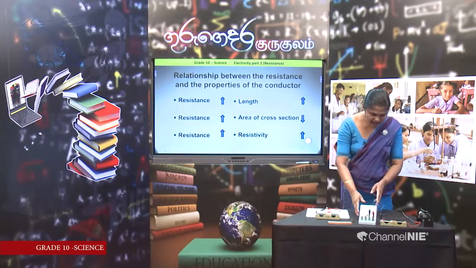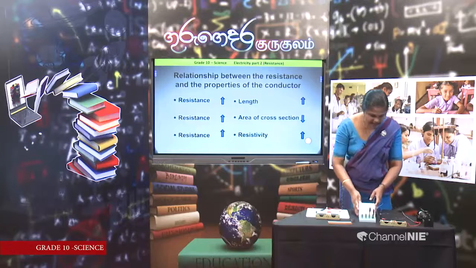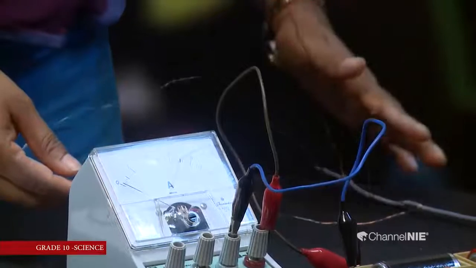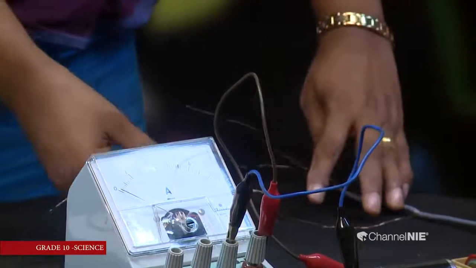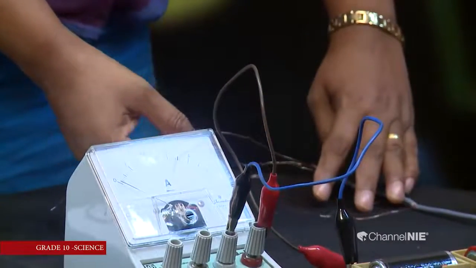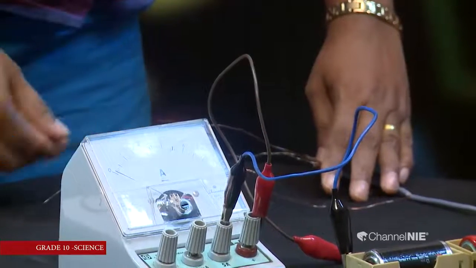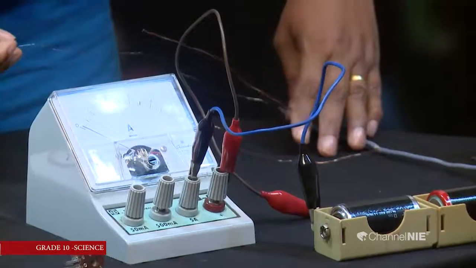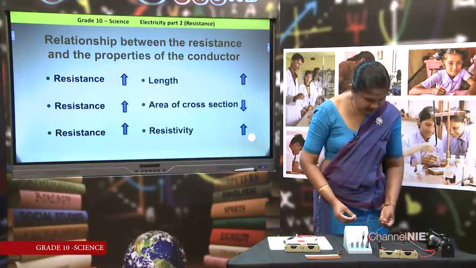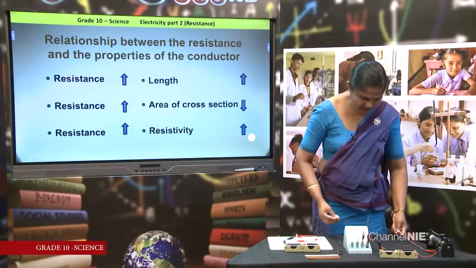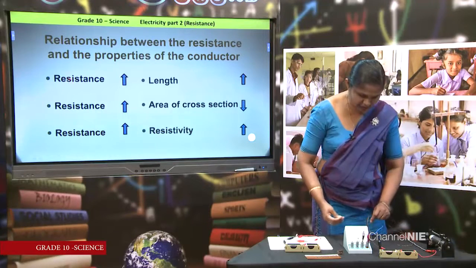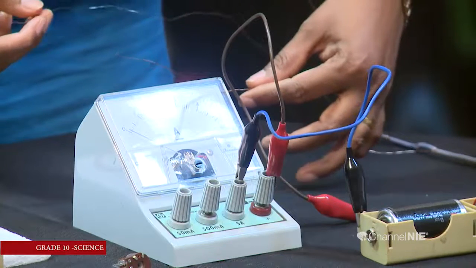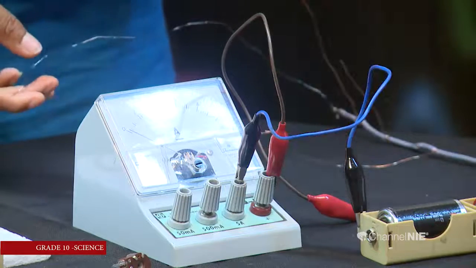I have an ammeter here, children, and wires of different length, different diameter and different materials are taken here. Now, this is a nichrome wire, right? This is a nichrome wire, children. This is a copper wire of the same length, right?